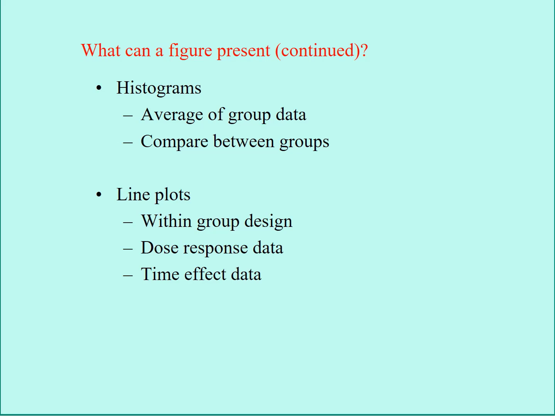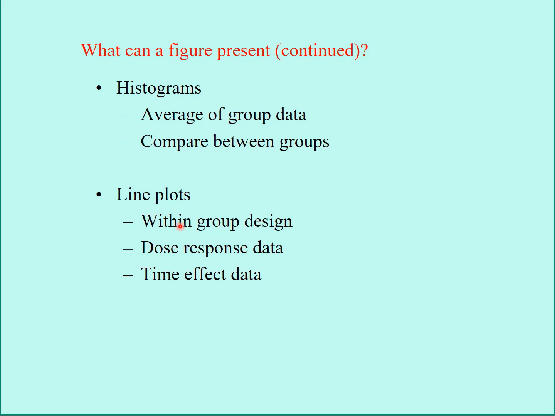Part two is about histograms. The previous images or photos represent the whole data by using one sample. Now this is the average. You make a histogram. You can compare between the groups. Or you can make a line joining points that demonstrates within-group variation.